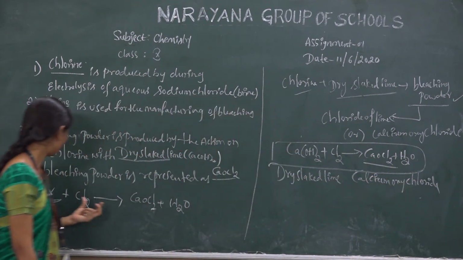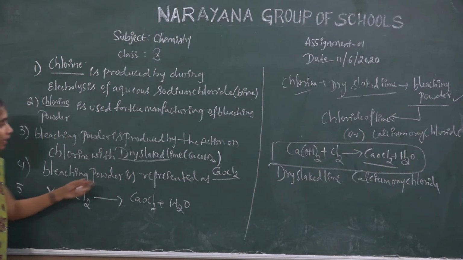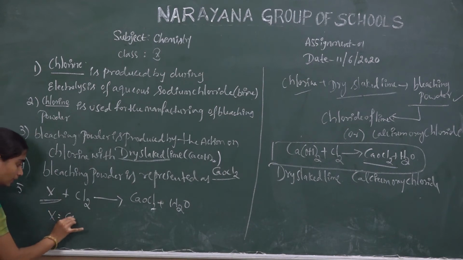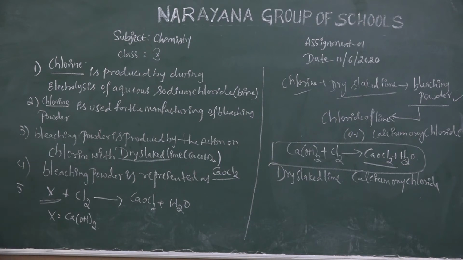So in the place of X we write calcium hydroxide.